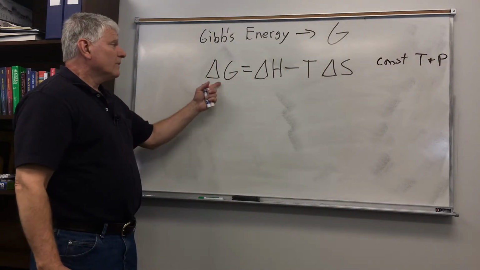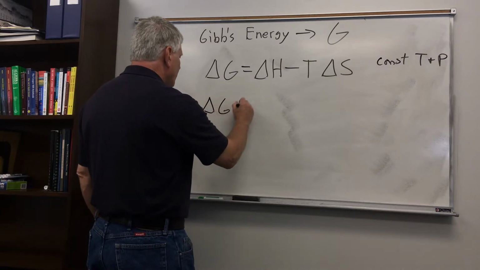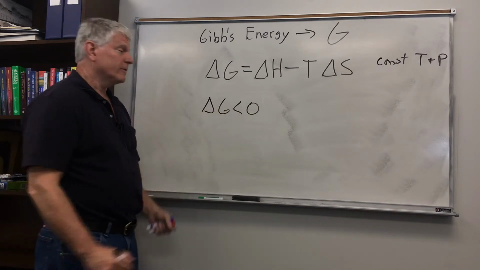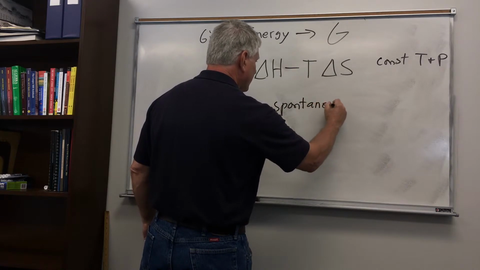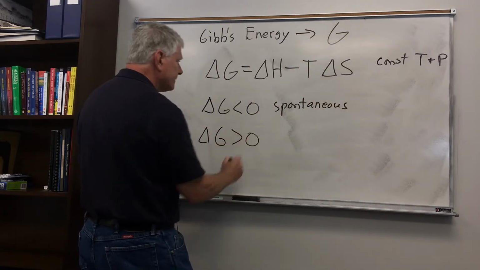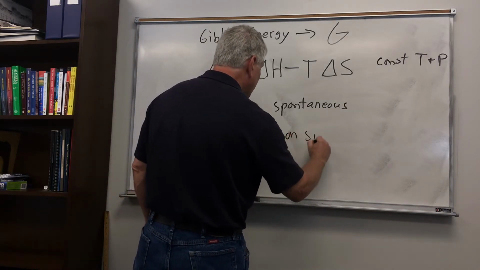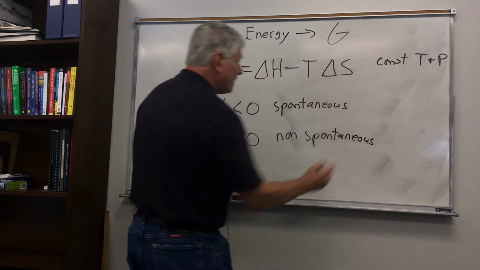So we can tell if a process is spontaneous because delta G will be negative for a spontaneous process, and delta G will be positive for a non-spontaneous process.